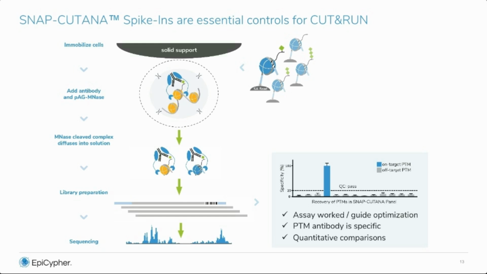And that will cause your target to diffuse into solution, both from the sample chromatin and from your spike-ins. And so if you isolate the DNA associated with your protein of interest, now a small portion of your sequencing libraries have the barcoded DNA from your spike-ins, and you can then look at recovery of your on-target histone PTM compared to all those highly related off-targets, and ask a simple question: did my assay work?